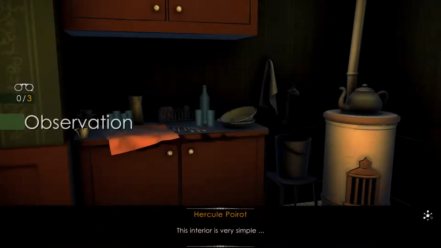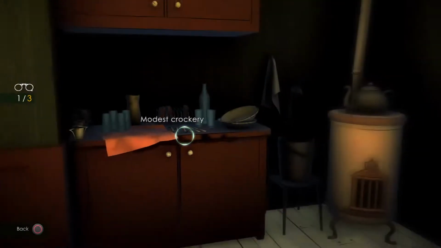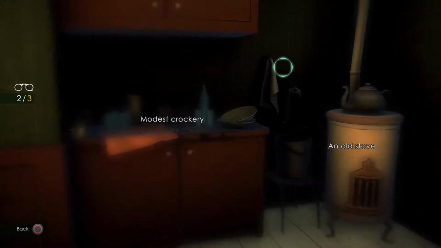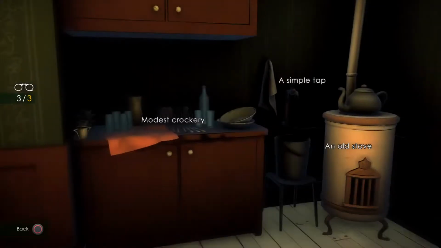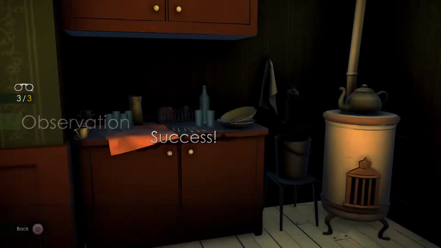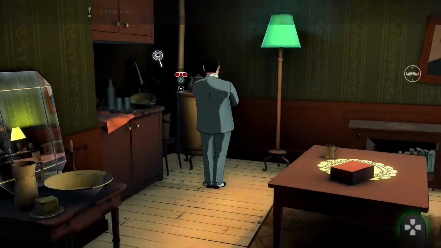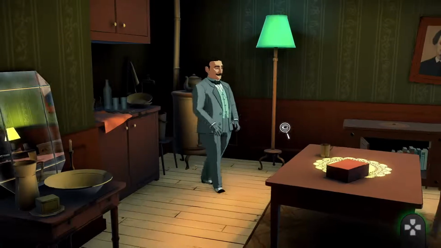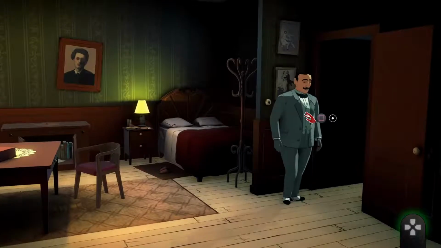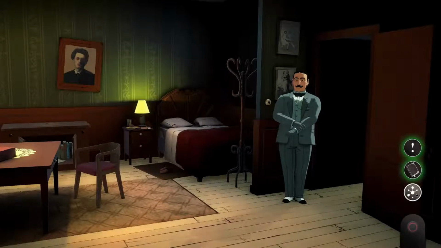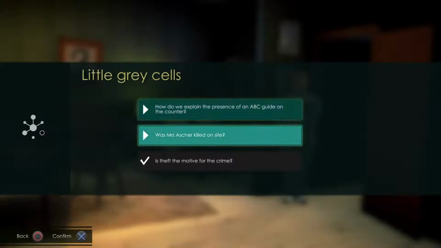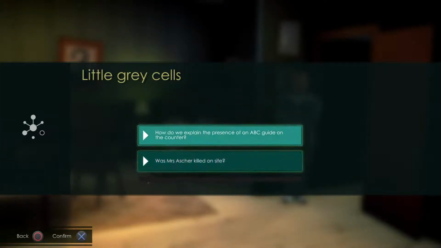This interior is very simple. Mrs. Asher lived very simply. Let's see if we can make any more conclusions.